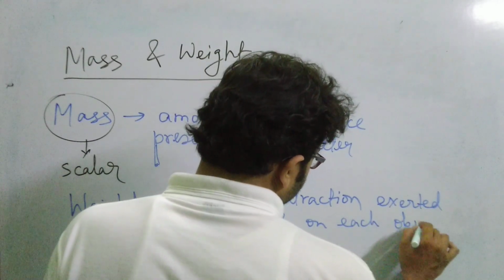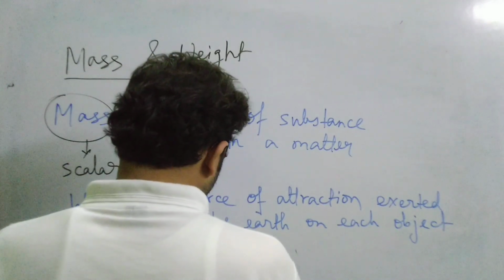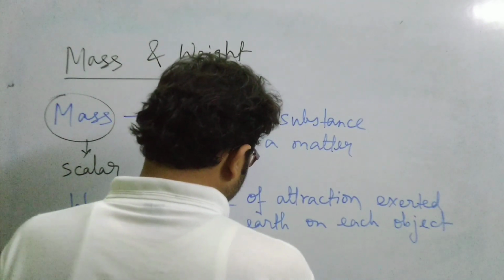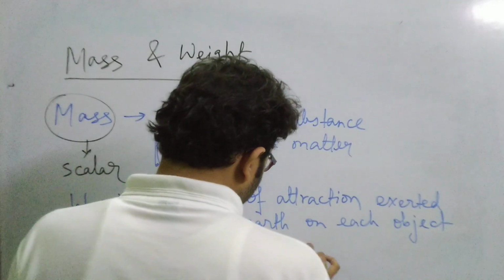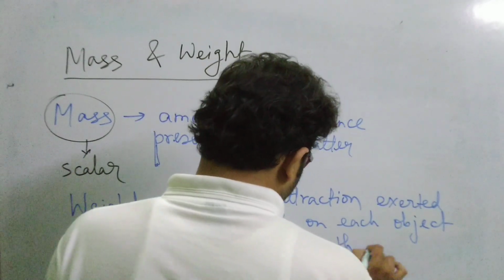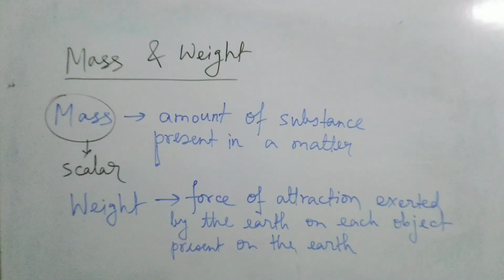It may be large, it may be small, each object present on the earth is called its weight. Okay, so force of attraction exerted by the earth on each object present on the earth is actually the weight. So weight is nothing but the force of attraction exerted by the earth.